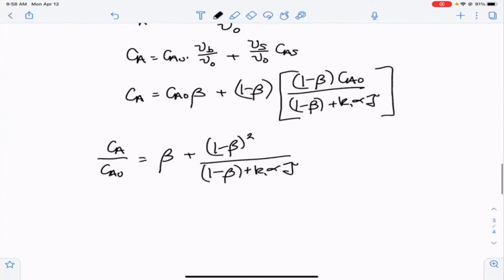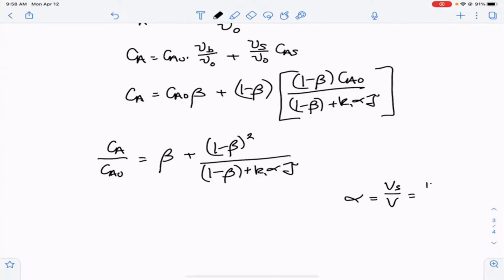All right, great. So then let's find alpha and beta from the information that we're given in the problem. Remember, alpha is equal to the active part of the reactor divided by the actual volume. We're told in the problem statement that 20% of the volume is dead zones.